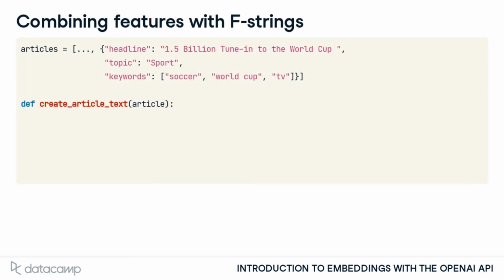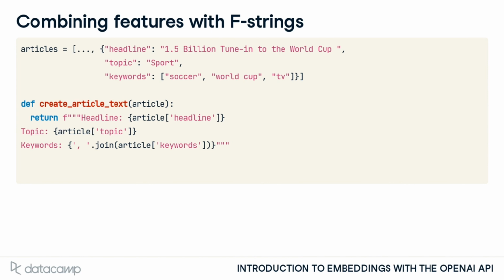To combine these features for each article, we'll define a function called createArticleText. This function uses an f-string or formatted string to return the desired string structure. F-strings allow us to insert variables into strings without having to convert them into strings and concatenate them.